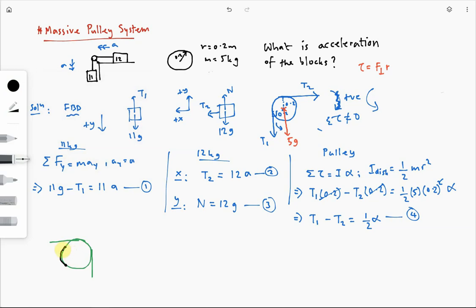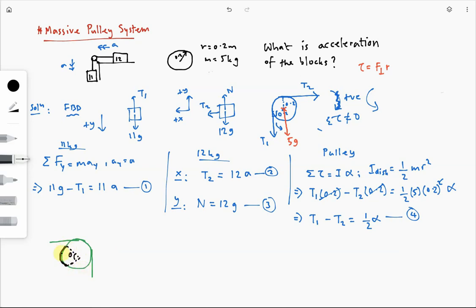It covers an arc length of a circle, right? From the center, we see that this is just the arc length. The point moves an arc length of a circle, making an angle theta with the center. That means that this is the point through which the rope goes as the pulley rotates, right?